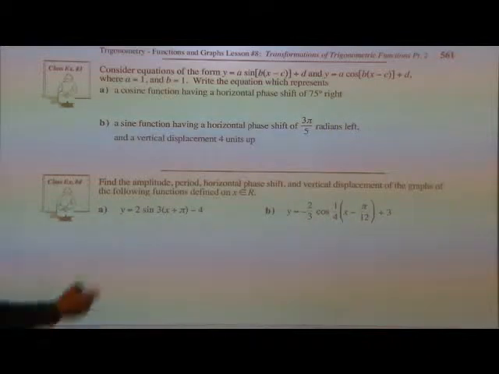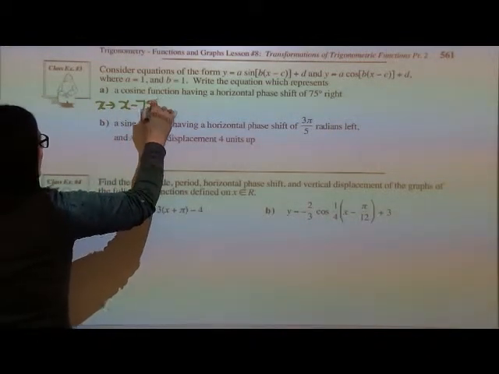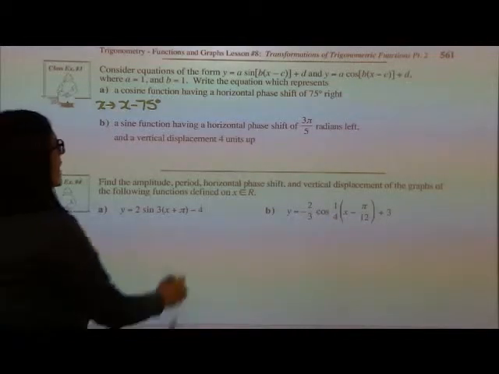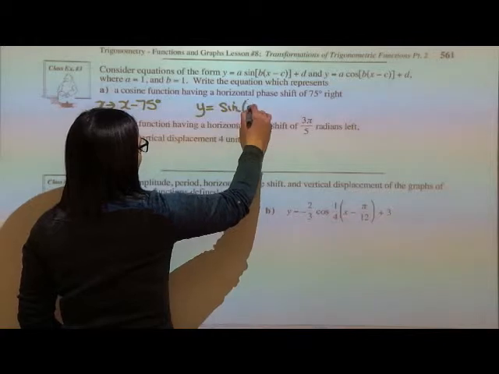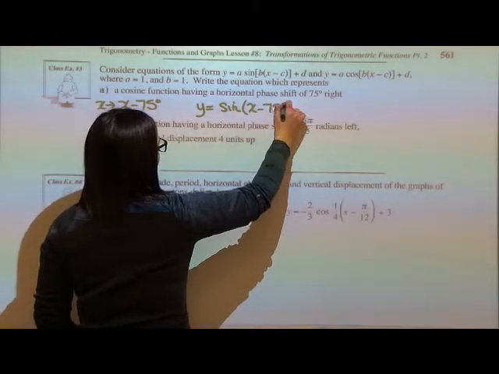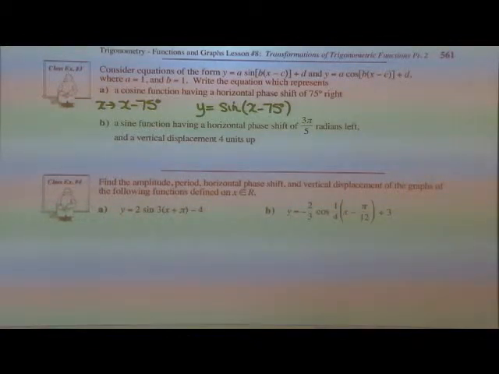X minus 75 degrees. So I'm replacing x with an x minus 75 degrees. So in my equation, a is equal to 1, and b is equal to 1, so I now have x minus 75 degrees. There's no vertical displacement, and that's where it would stay.